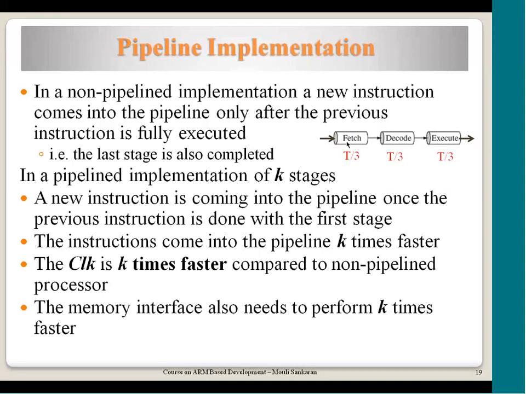And if the pipeline is making the execution faster, accessing the memory to get the instructions also has to become faster. So memory needs to be better compared to the previous stage so that it can feed instructions at the speed at which the processor wants them. So memory also needs to be much faster.